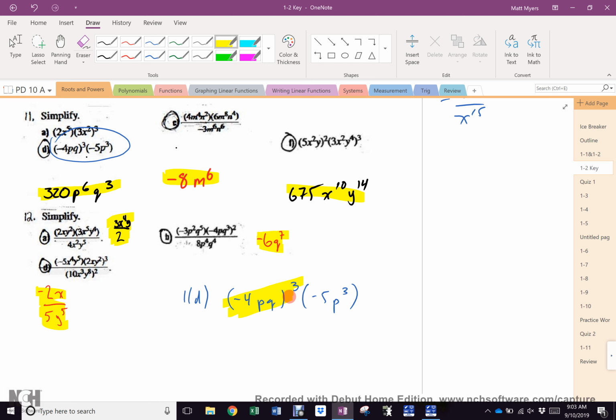So we have to deal with that exponent first. So let's deal with it. Now, if you are not yet comfortable, you need to remember that that cubed out there makes everything in the base cubed, right? So I have negative 4 cubed.